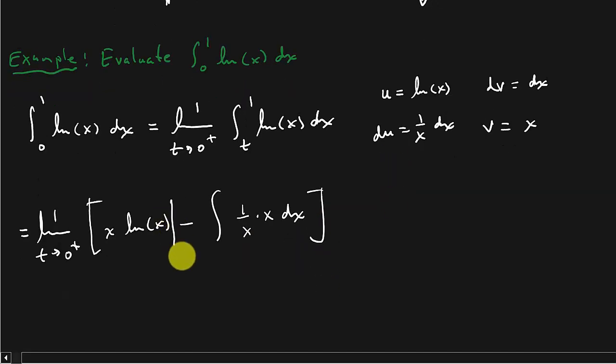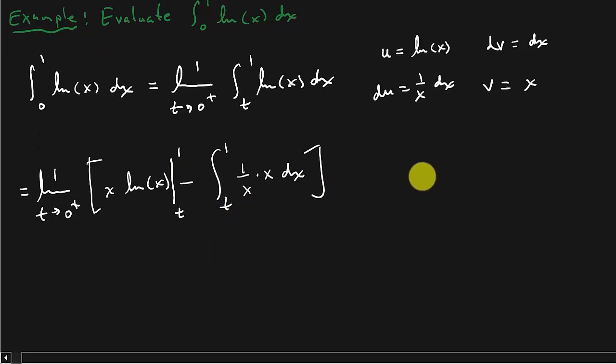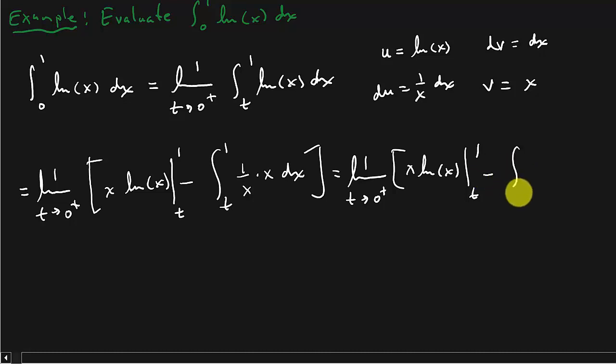Whoops, and I forgot to put t to 1, and t to 1. And so this is going to be the limit as t goes to 0 from the right of x times natural log x from t to 1, minus the integral from t to 1 of dx.